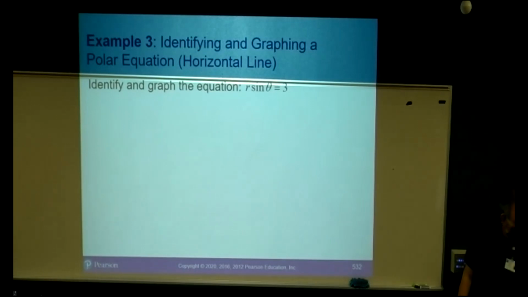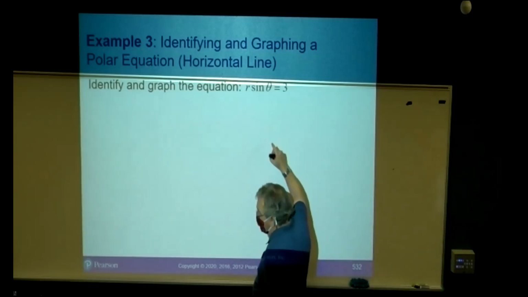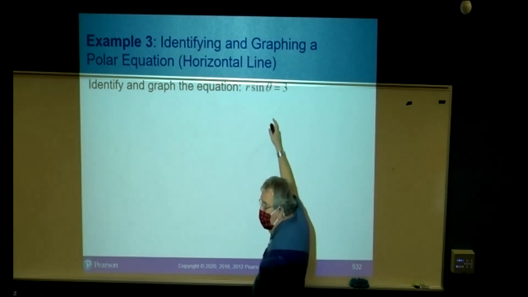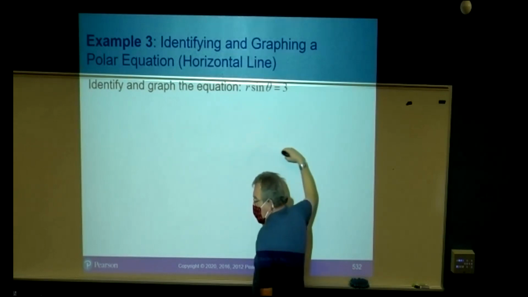Now we have r sine theta equals 3. If I write this in rectangular coordinates, r sine theta is y. So this is just the line y equals 3. It's a horizontal line.